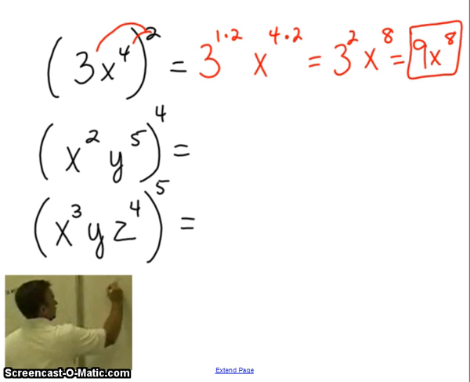All right, similar to here, x squared y to the fifth raised to the fourth power is x squared times 4, y to the fifth times 4. So that's x to the 8th, y to the 20th.